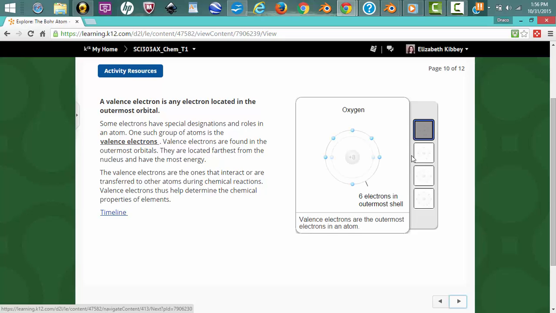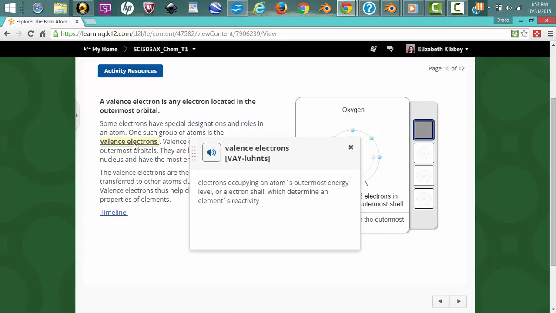A valence electron is any electron located in the outermost orbital. Valence electrons are electrons occupying an atom's outermost energy level, or electron shell, which determine an element's reactivity.